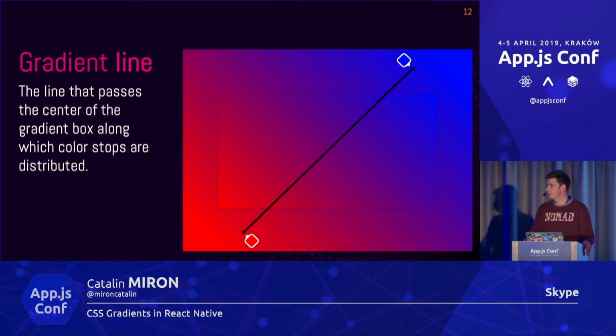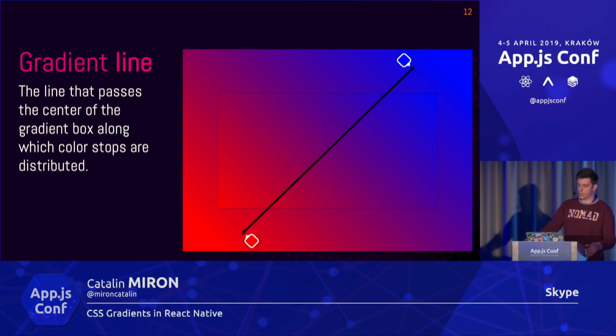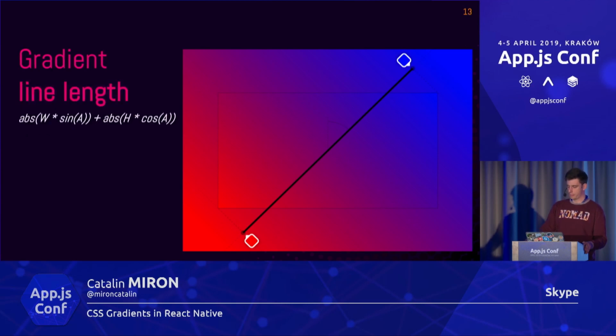The next one is the gradient line. The gradient line is the line that passes through the center of the gradient box, along which we can distribute the color stops. In this example, I'm using only two color stops, which are basically the start and end of the gradient line. The next one is the gradient line length.